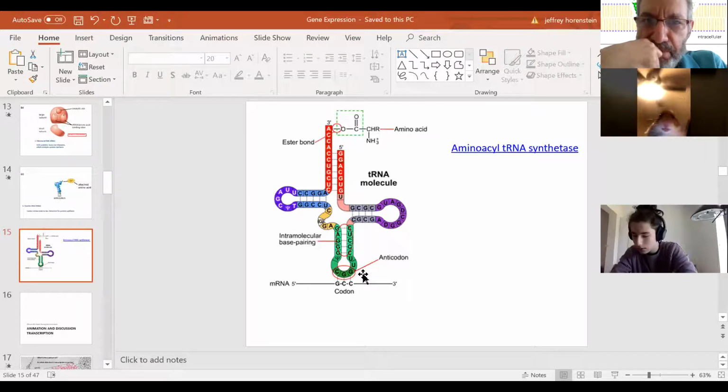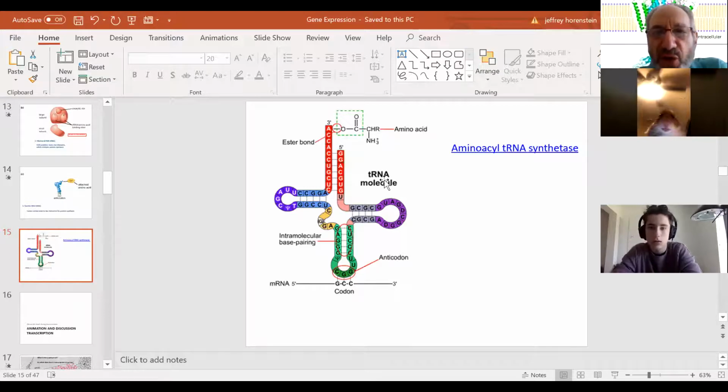You want to think of it as having two important ends. This end is where the amino acid is attached, and this is the name of the protein that actually attaches it. And this is the end where it binds the mRNA. So it's sort of a polar thing.